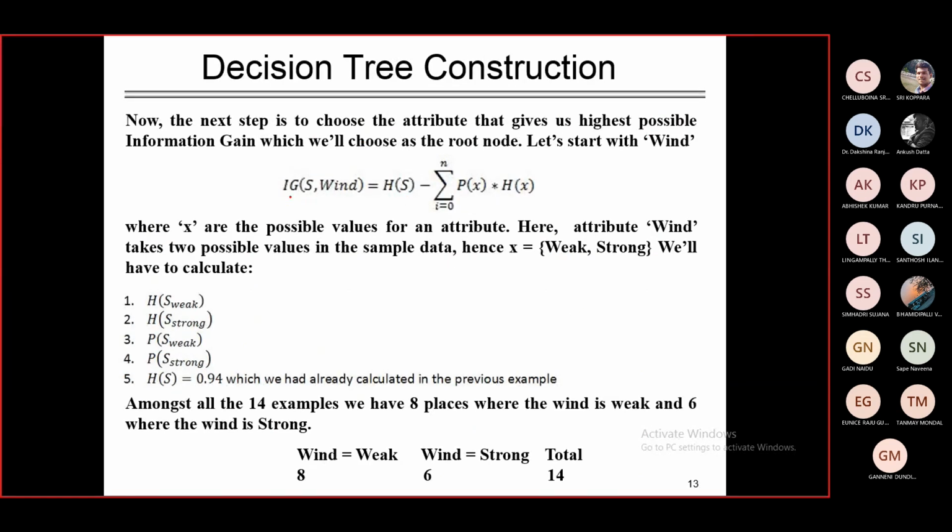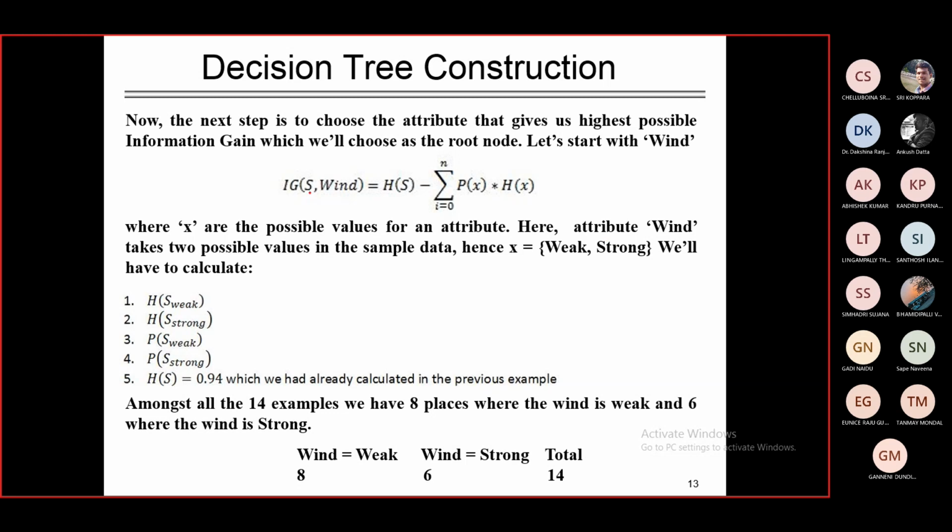Here the information gain is given by this equation. Information gain is given by H(S), the entropy of the entire data set, minus the summation over the probability of event X multiplied by the entropy of event X. Here X represents the possible values of a particular attribute or feature.